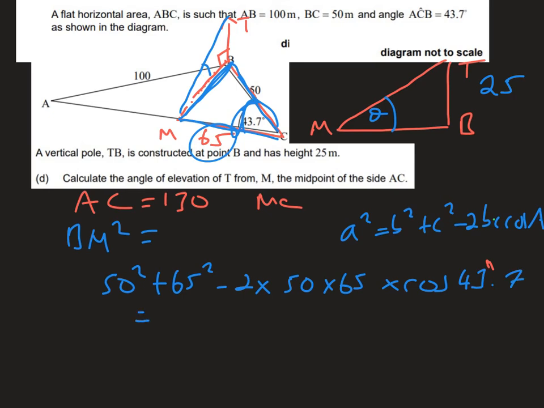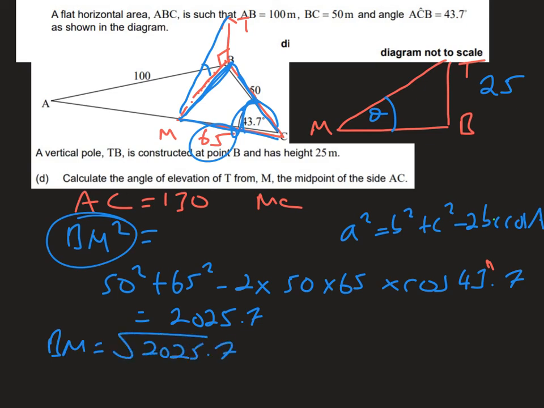That is going to give us an answer of 2025.7, but that is BM squared, so BM is going to be the square root of that, which gives us an answer of 45 meters.